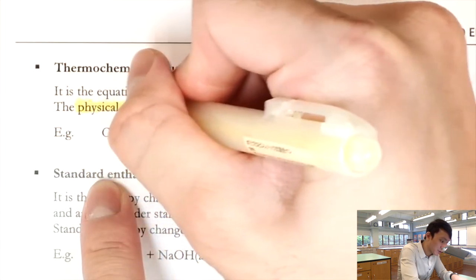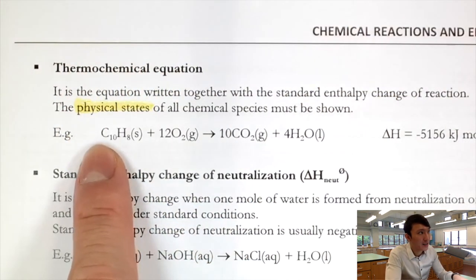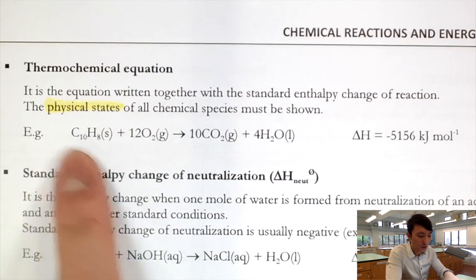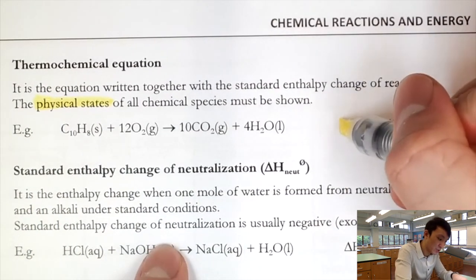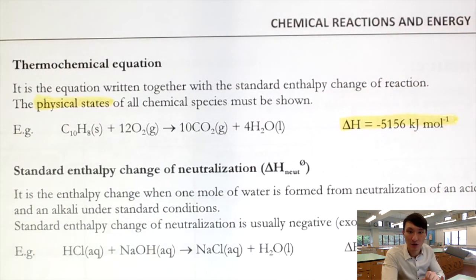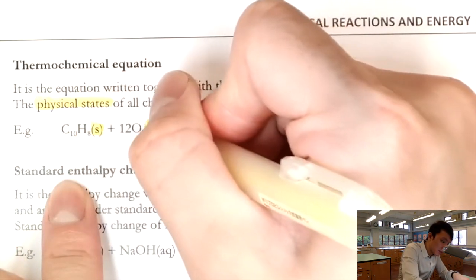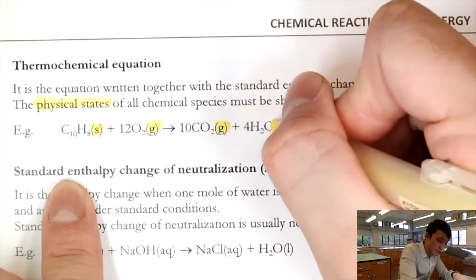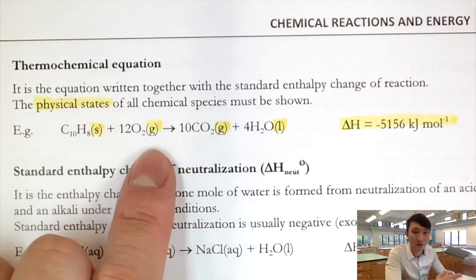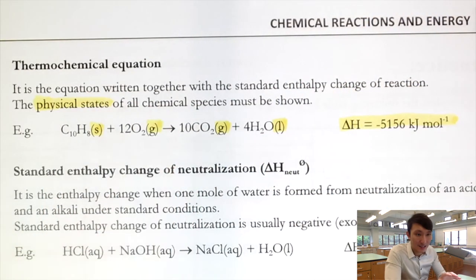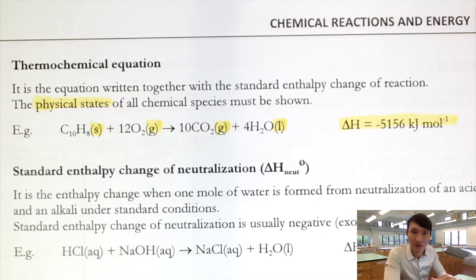Secondly, if you have the enthalpy change, you need to show it on the right-hand side of the equation. So if the question asks you to put down a thermochemical equation, you must include all the physical states. Basically, in this chapter, just include all the physical states for all the chemical species.